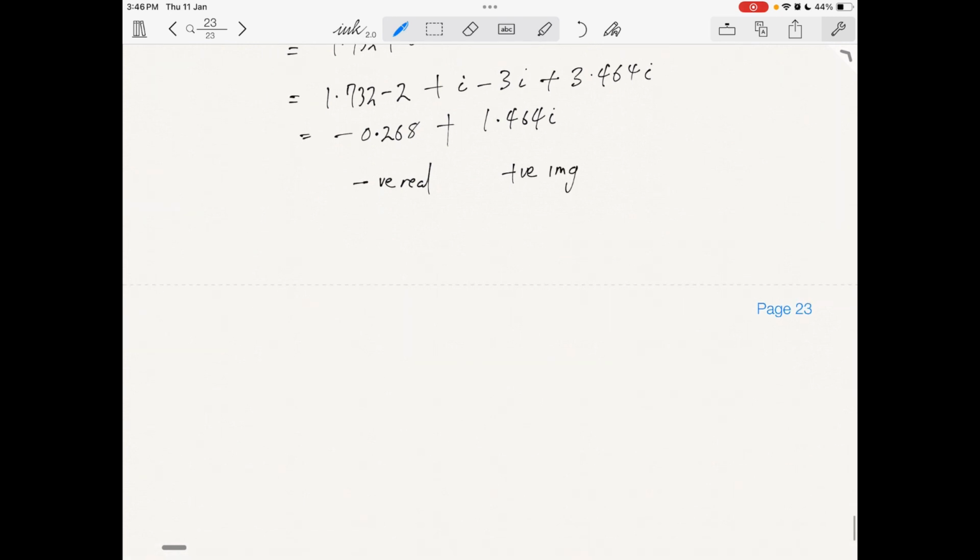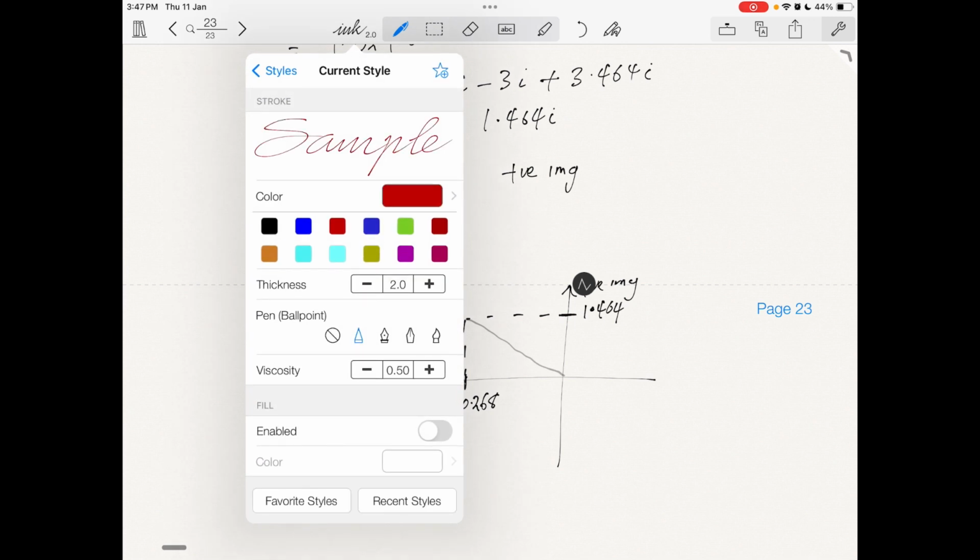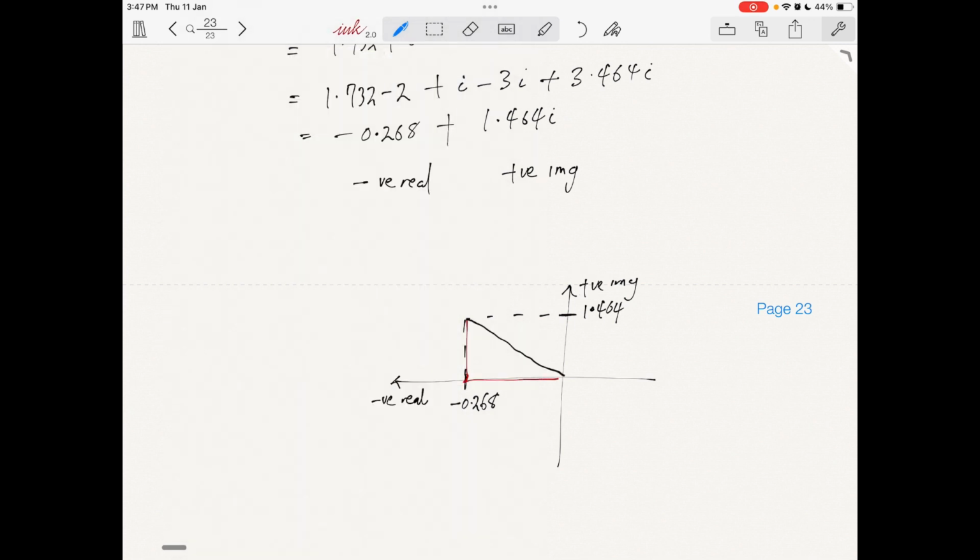So to draw the Argand diagram, the negative real number stands at minus 0.268 and the positive imaginary number stands at 1.464. Afterwards we can bring out the triangle we are dealing with.